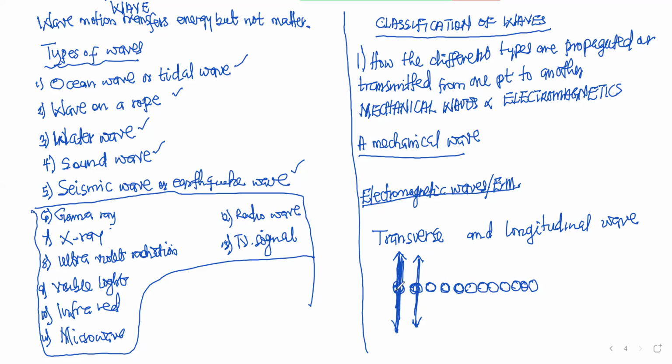the wave is propagated through the particles in this manner. So particles, you just jump up and down, and the energy which is channeled through you would go in that direction, which is perpendicular to the particle vibration.